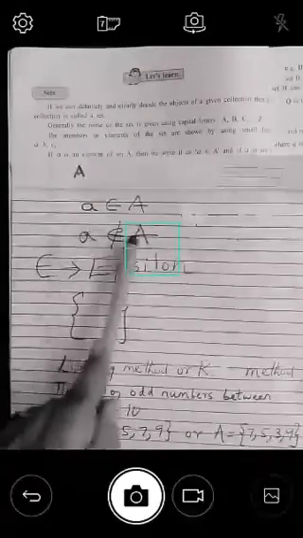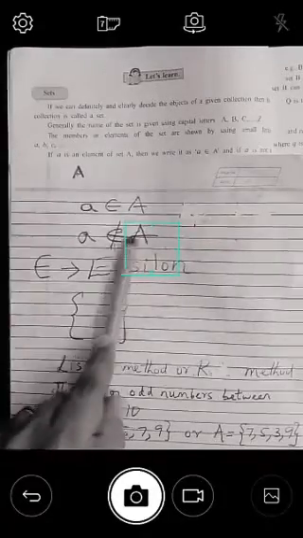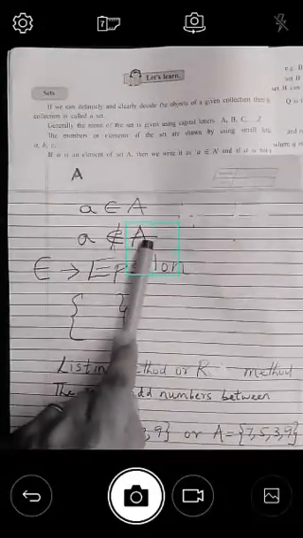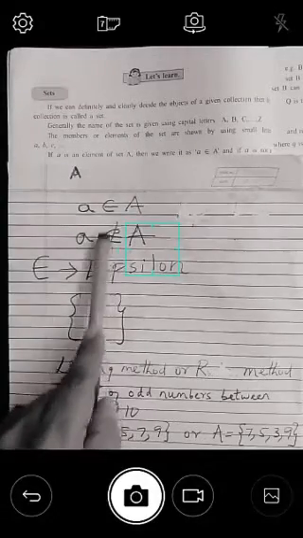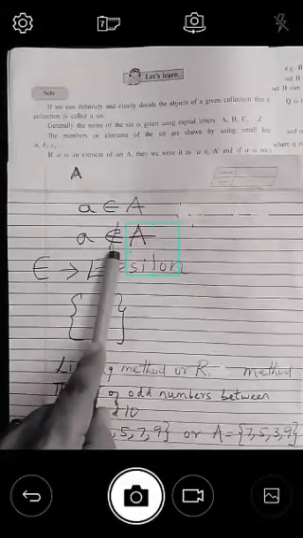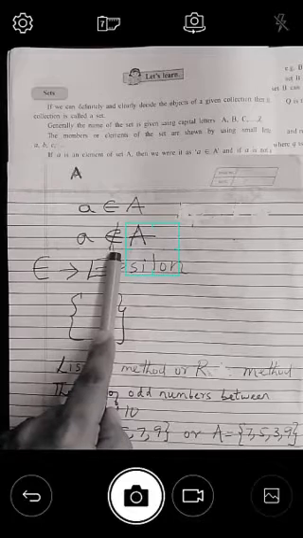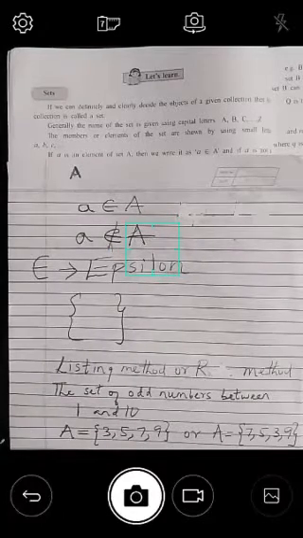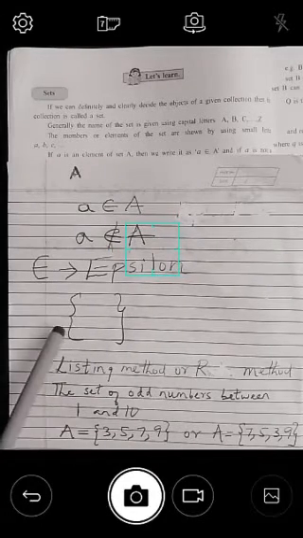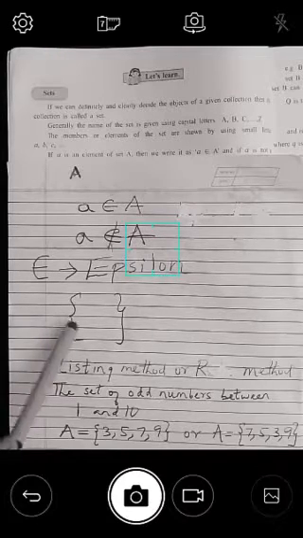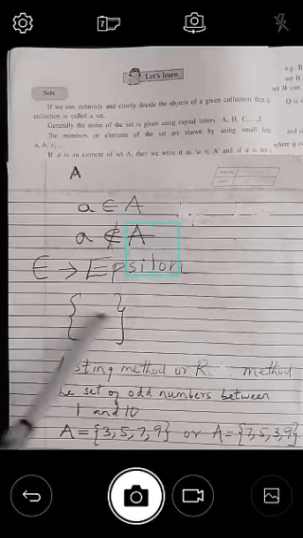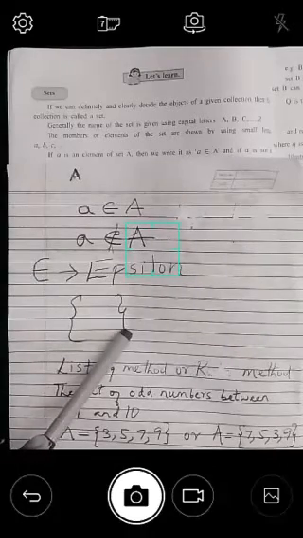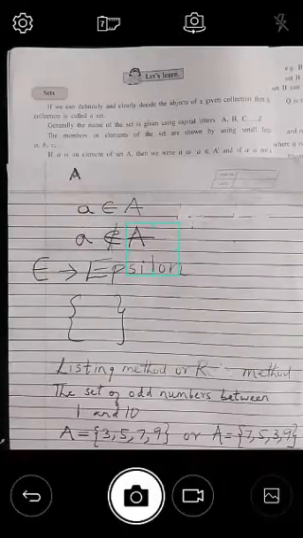And if a is not an element of set A, or a does not belong to set A, then we represent it by putting a slant across the epsilon symbol. The elements or the members of the set are written within curly brackets and separated by commas.